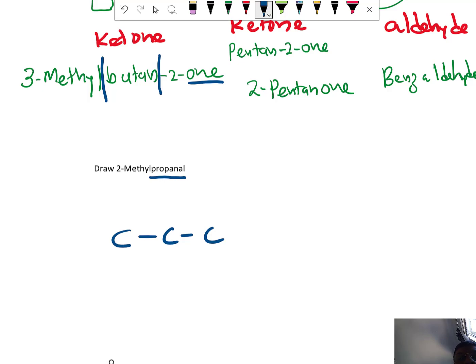So I should have double bond O and a hydrogen, and it should be 1. Then that means 2, 3. So that's propanal actually, right? But what's missing is 2-methyl. In the second position, I should put a methyl group. So I can have a stick here that shows methyl, or you can also say CH3, right? So that's how 2-methylpropanal should look.